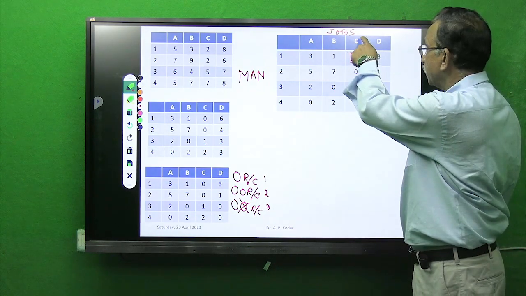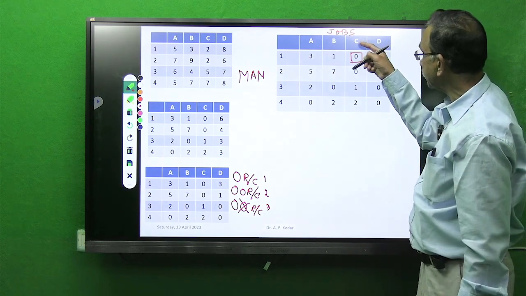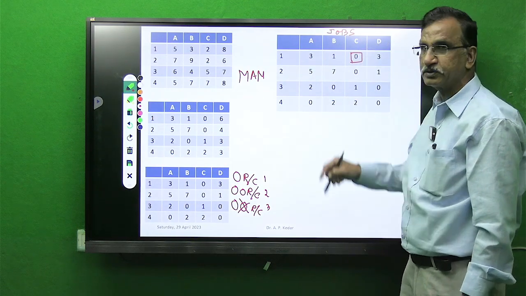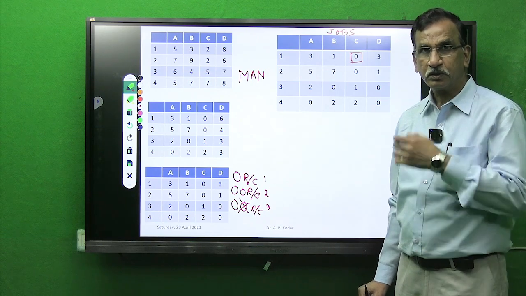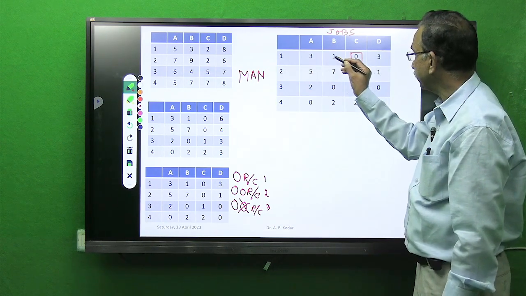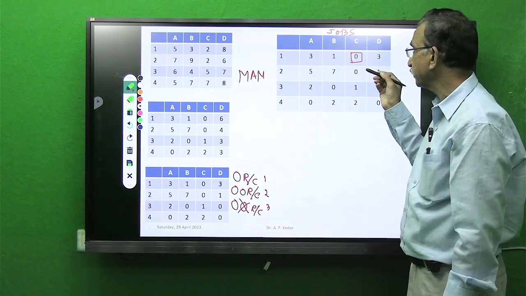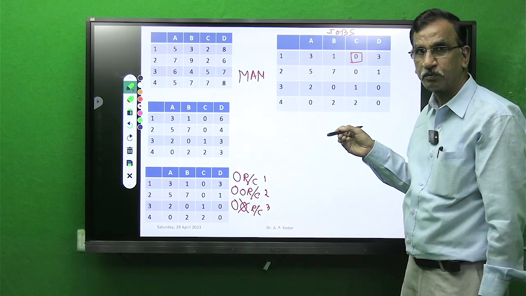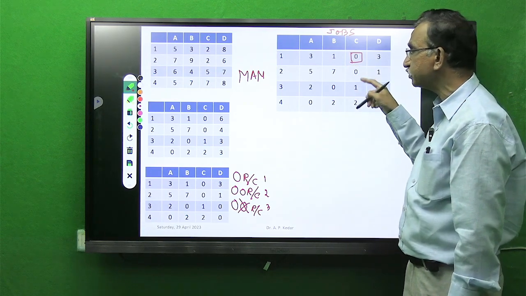Now job C is already assigned to man 1. So can you again assign this job C to somebody else? Definitely no. Why? Because it is one-to-one assignment, and therefore when you assign a single pure 0 of any row and any column, you have to cross off zeros of related columns and rows.